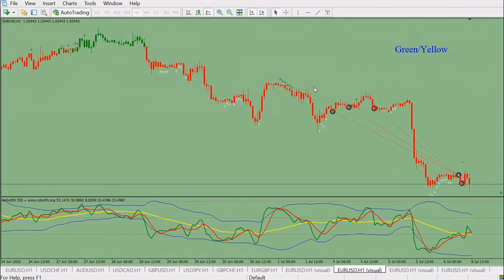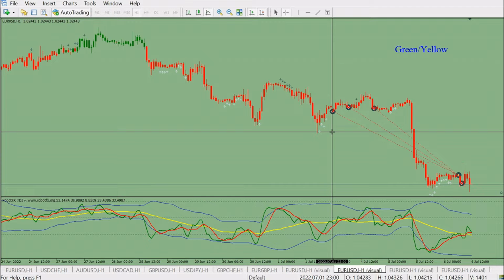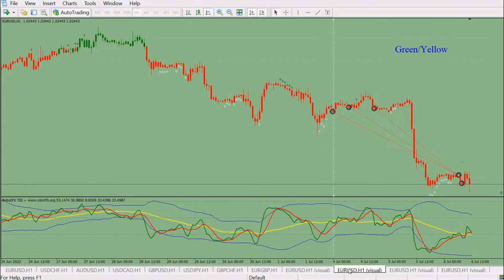Another trading signal that can be very profitable is the intersection between the green and the yellow line, basically the green and the signal and the trend line, and that happened right here. It is the same thing as before.